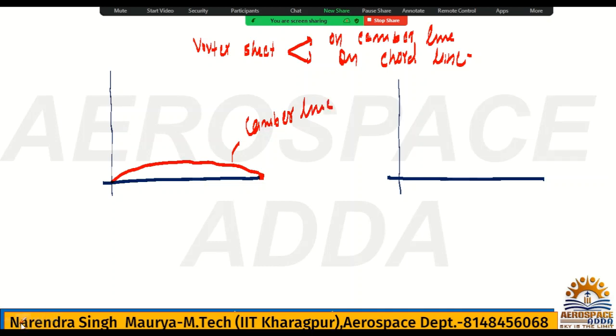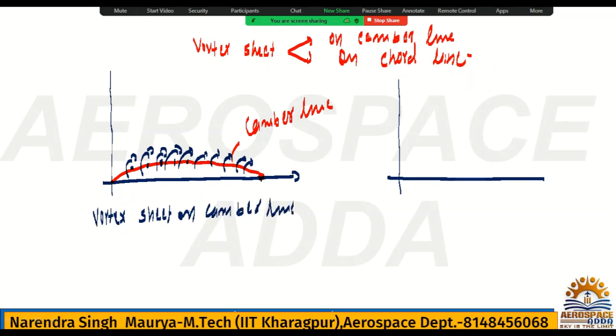This is the camber line, and over the camber line you have to show the vortex sheet.